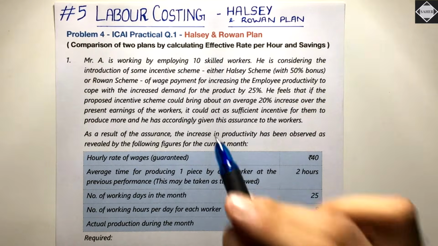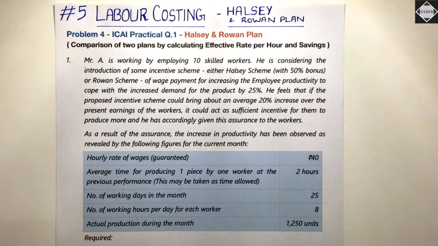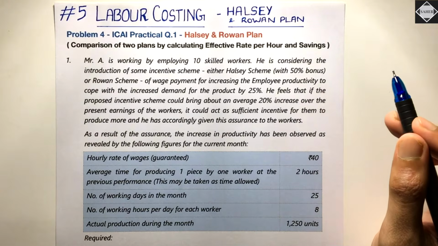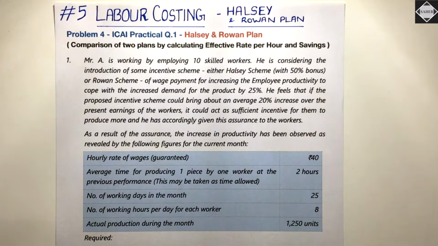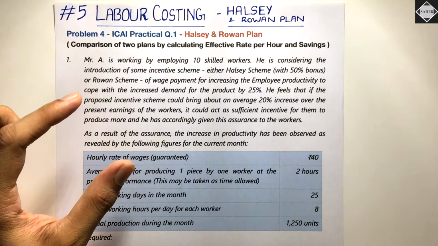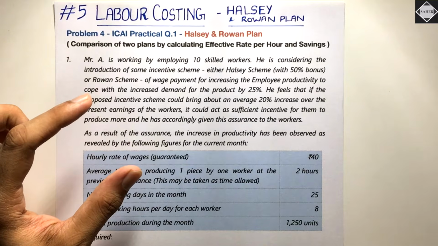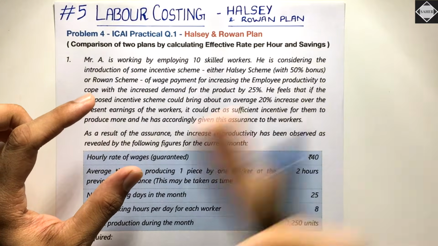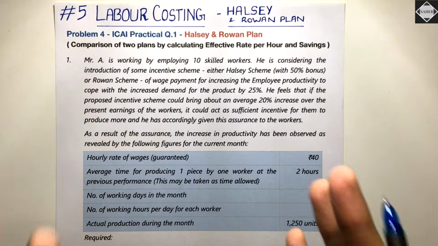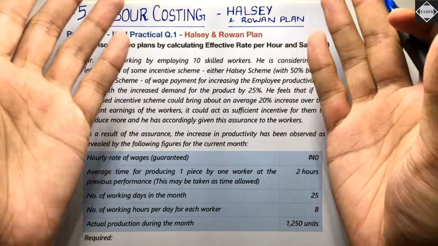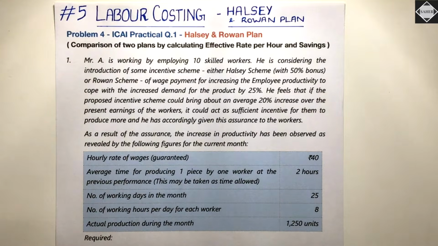He is adopting the incentive scheme because he feels an average 20% increase will happen. For example, if the earnings are 100 rupees, it may increase to 120 rupees, a 20% increase. This assurance has been given to the workers by Mr. A.